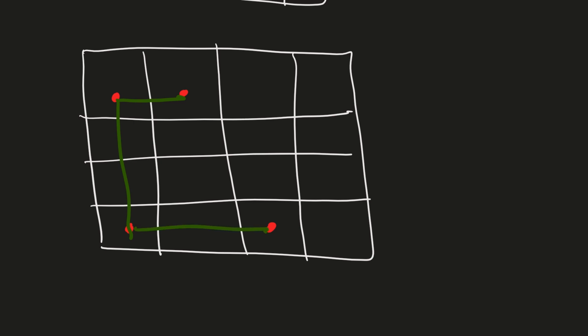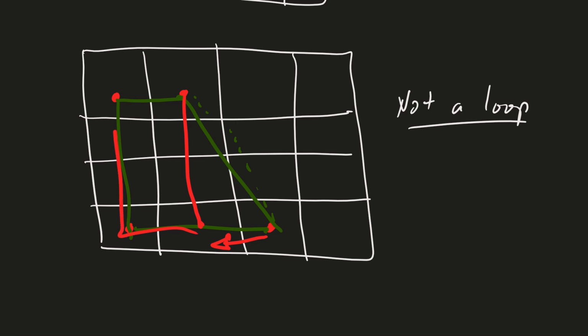But now I'm going to have a problem connecting these two because I can't do that in a single row or column. So that's going to violate number 3. So this, we would say, is not a loop. Now if this last cell here had been pushed this way, this would have been a loop, because then you would have had the right shape.